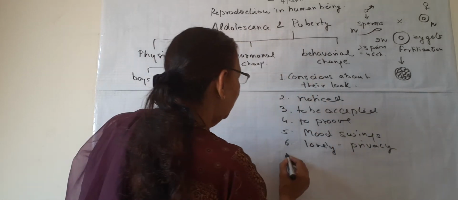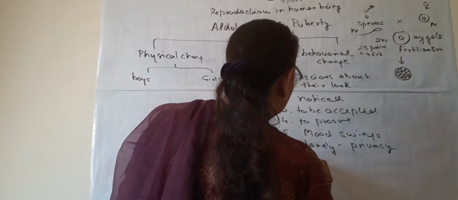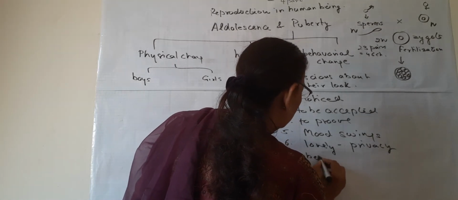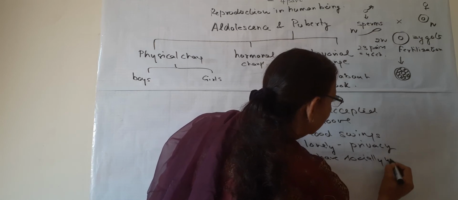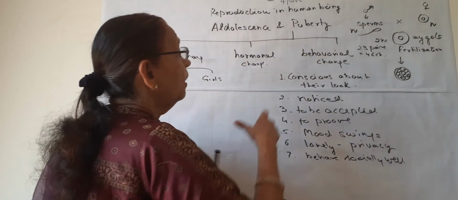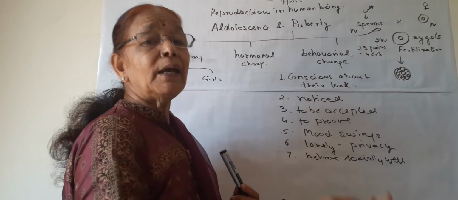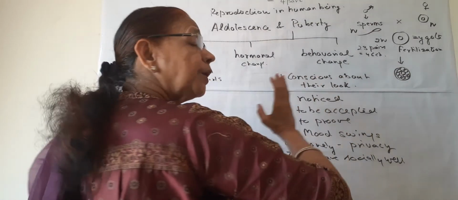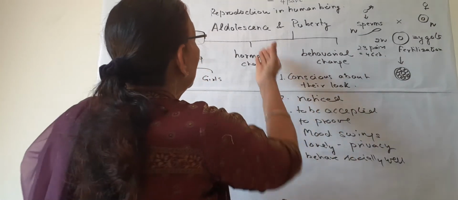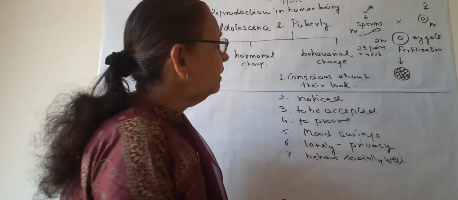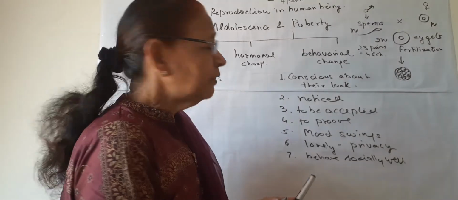And they behave socially well, like adults. So behavioral changes are mental, emotional as well as social. They are going towards adulthood. These are some behavioral changes an adolescent has. They are very common, and we notice them in our day-to-day life.